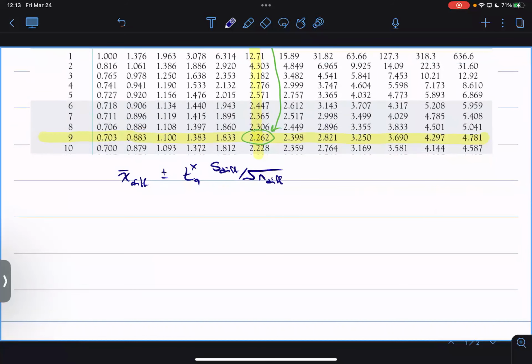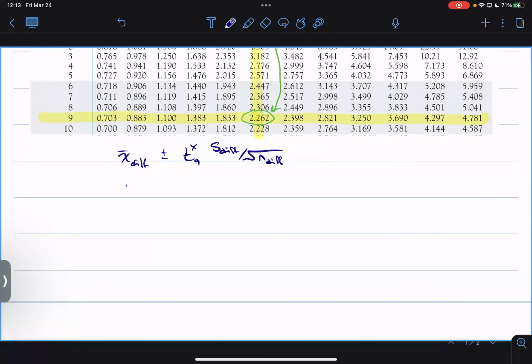If I remember, and I have a cheat sheet here. I did not remember. Okay, that's okay. 80 plus minus 2.262 times the standard deviation, which we were given was 84.59052, divided by the square root of 10.